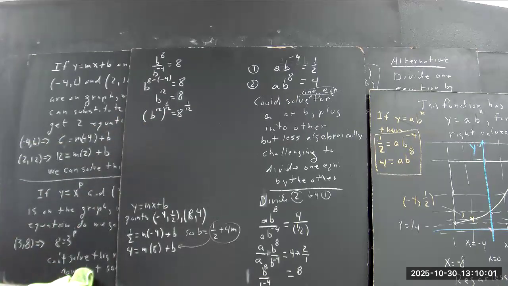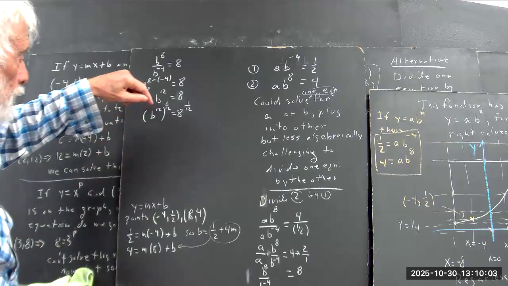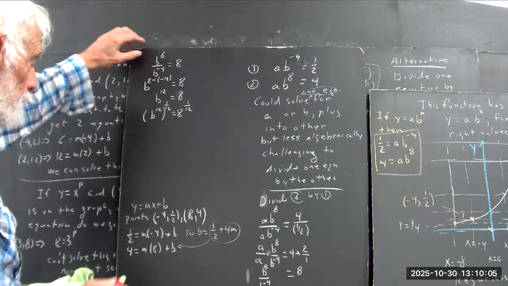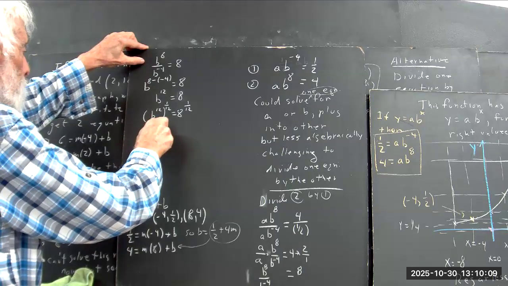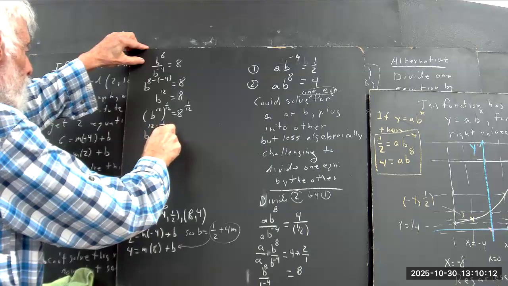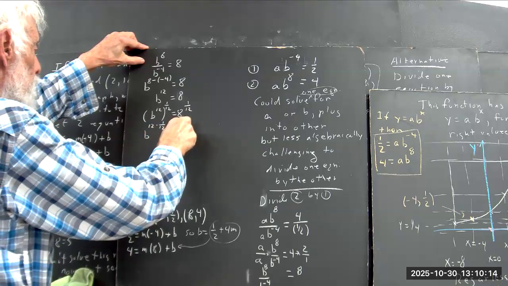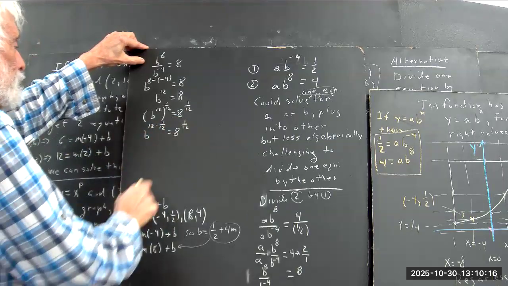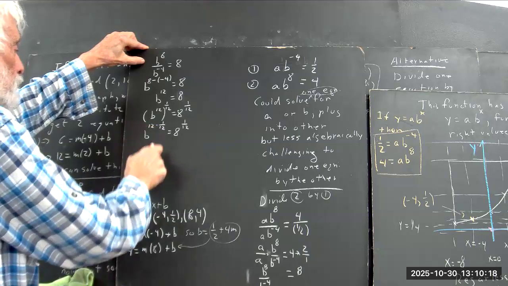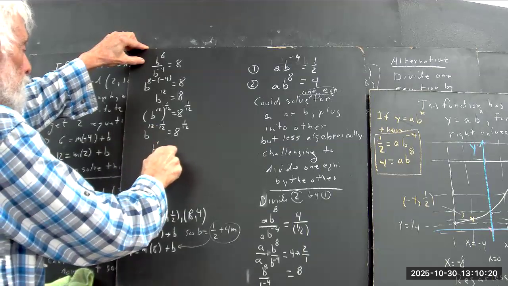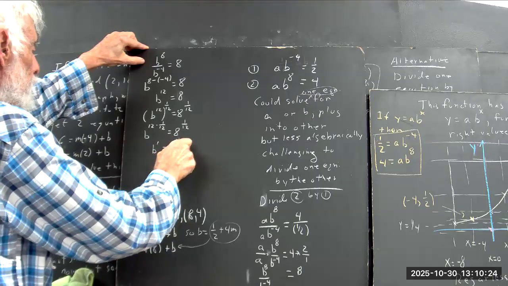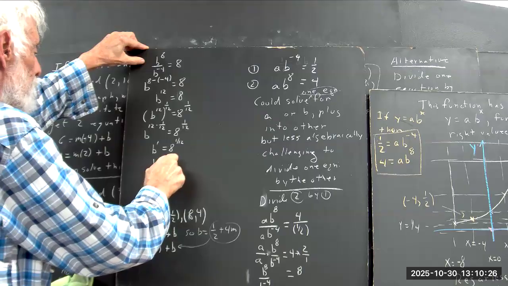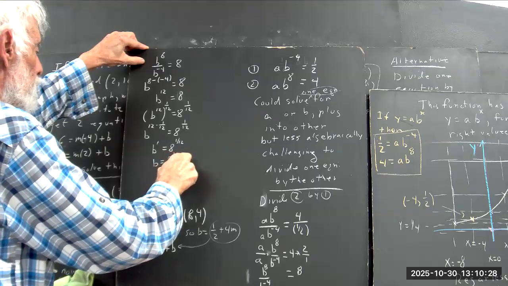It's because of the other rule for exponents. You take a power of a power, you multiply the powers. So this is b to the 12 times 1/12 equals 8 to the 1/12. 12 times 1/12 is 1, b to the 1 equals 8 to the 1/12. So b equals 8 to the 1/12.